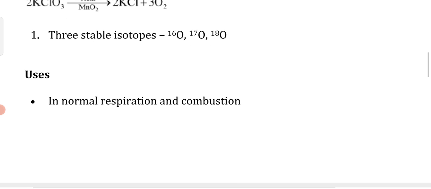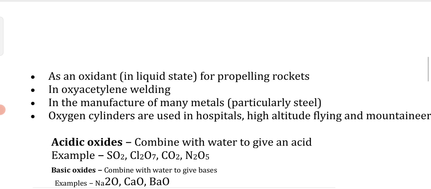Next we are coming to the uses of oxygen gas. We can use it in our normal respiration and combustion, and also it can be used as an oxidant, like in the liquid state for propelling rockets, in oxyacetylene welding, and in the manufacture of many metals, particularly steel.